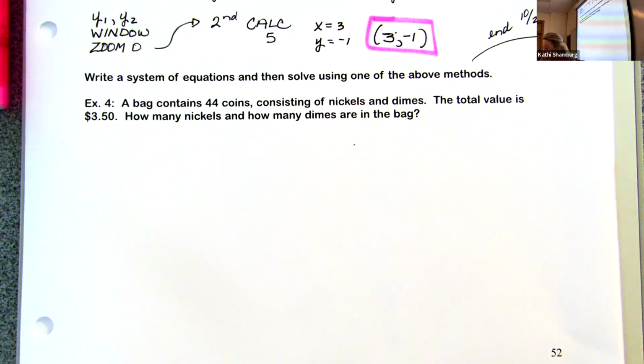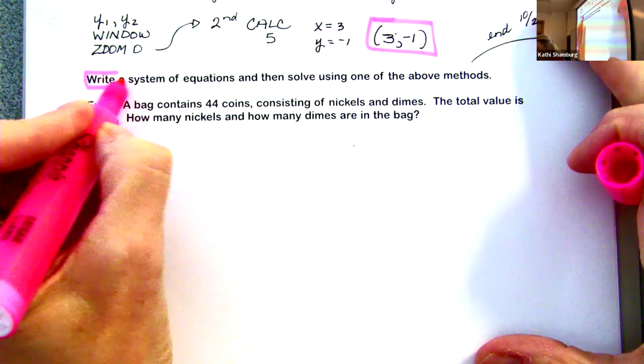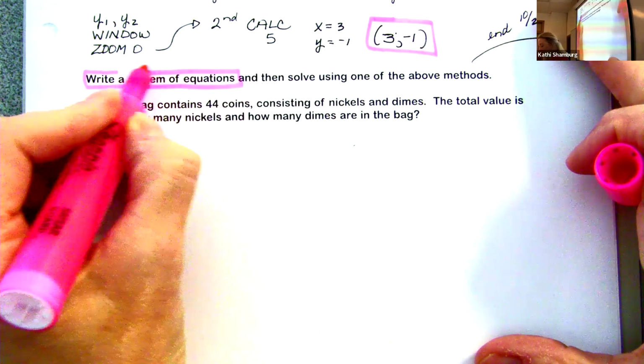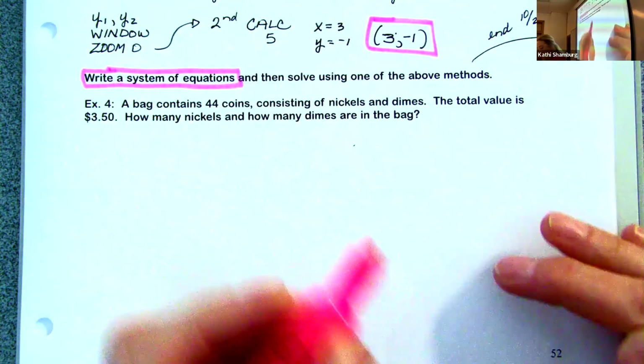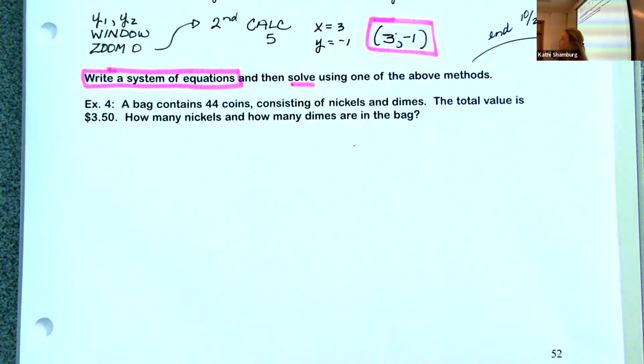Okay. Now, from there, what we're going to do today is the equations will not be given. We will be given information and we have to write the two equations and then solve using one of the methods that we looked at on Wednesday.